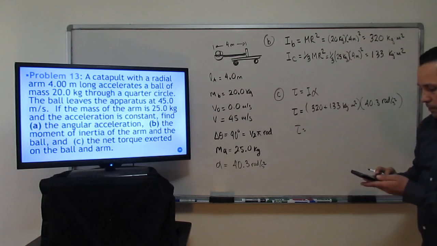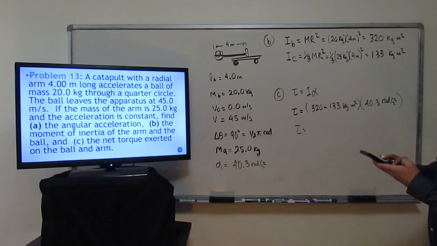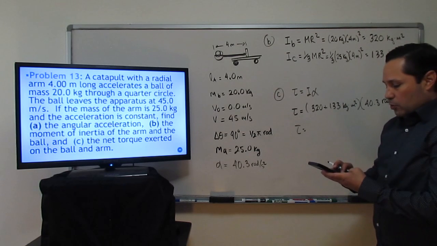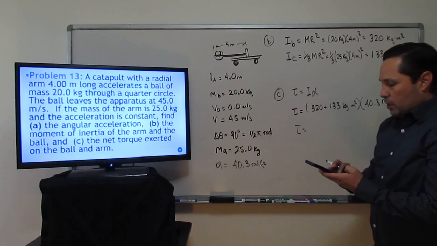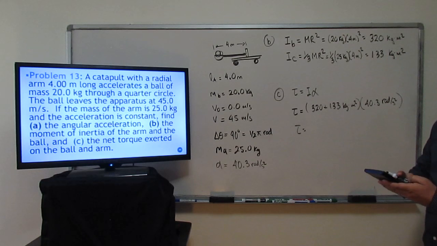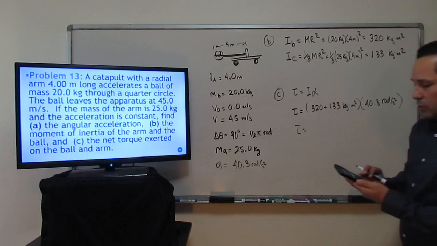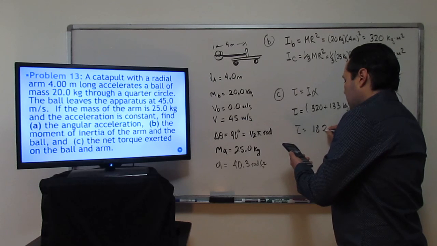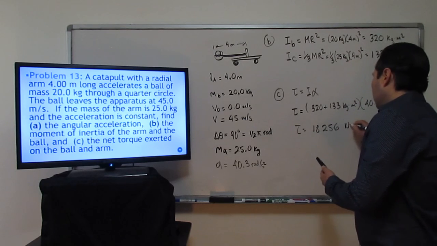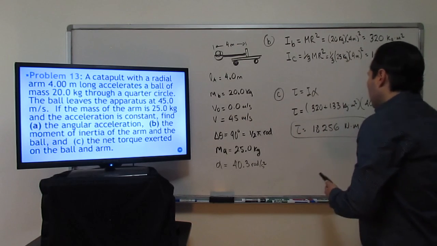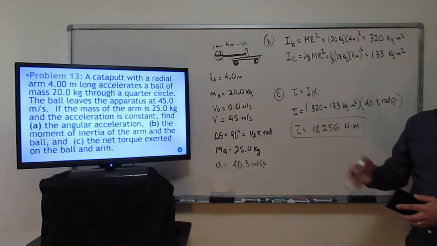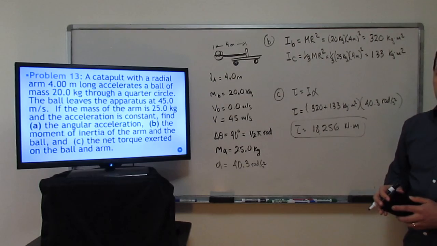So 320 plus 133 multiplied times 40.3 gives us 18,256 newtons times meter. All right, so that is the torque that this catapult exerts. That takes care of problem number 13. Thank you for watching.